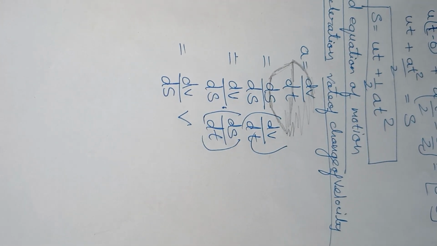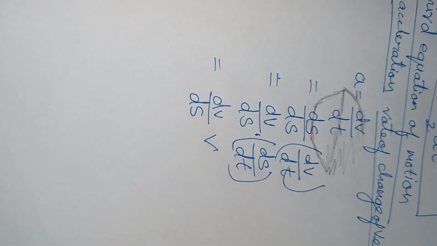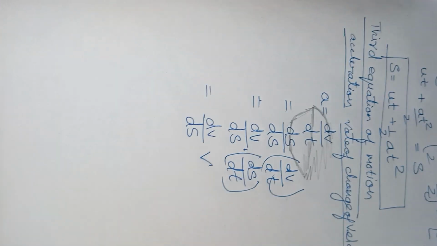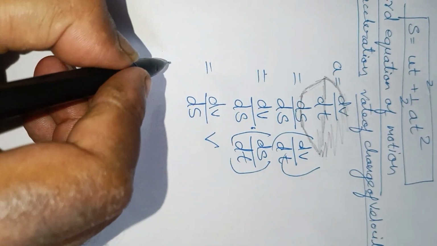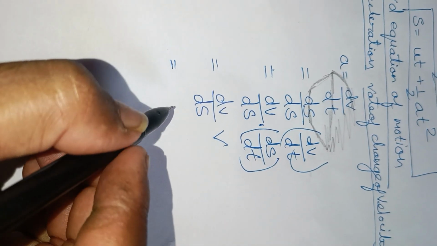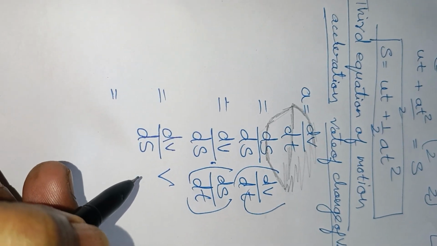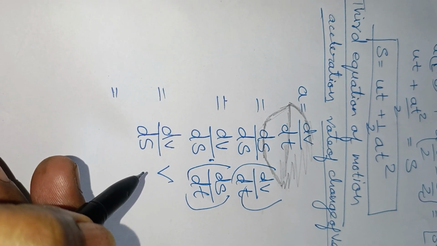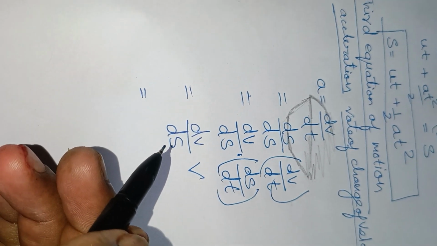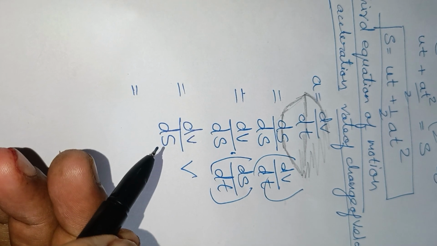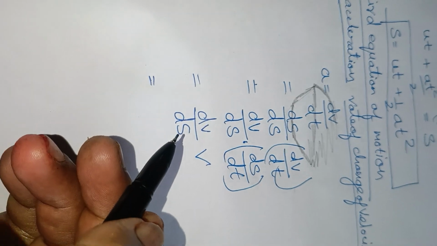As you know very well, what is v? Rate of change of displacement is called velocity. So here we have to apply integration. If the distance traveled is 0 and time is 0, then the velocity will be u.